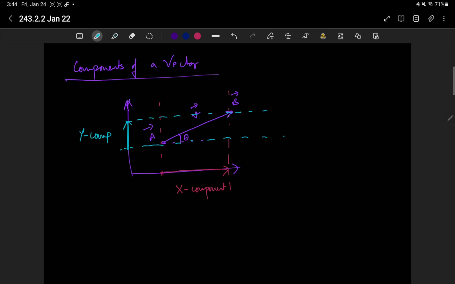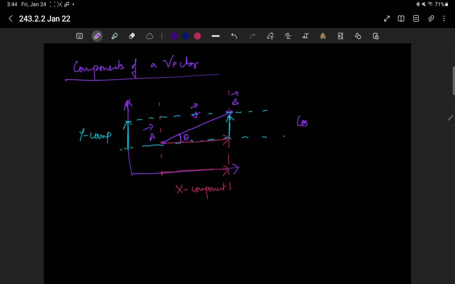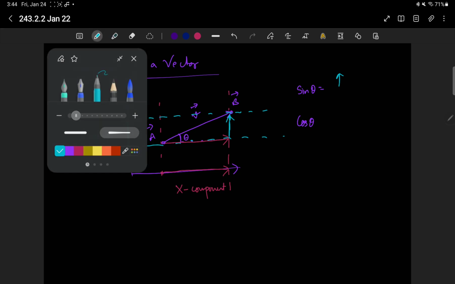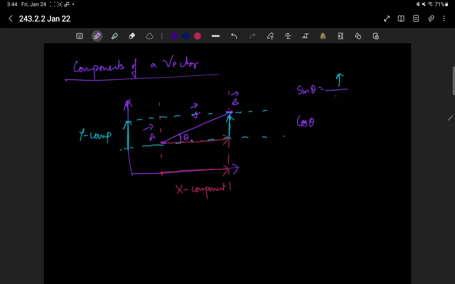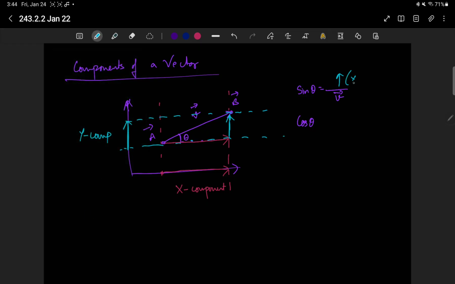But if you look at it carefully, these are just two sides of the right angle triangle. And so by using trigonometry, using SOHCAHTOA, you have sine, which is opposite, so you can think of it as the vertical arrow divided by the vector, the vertical being the y component.